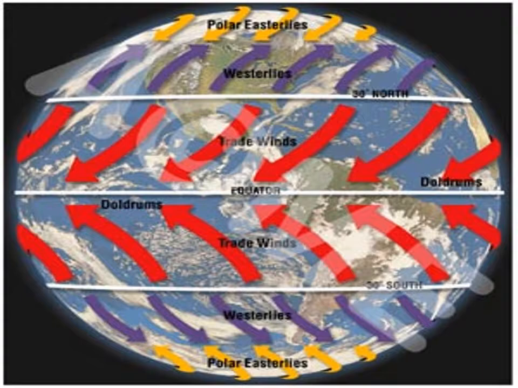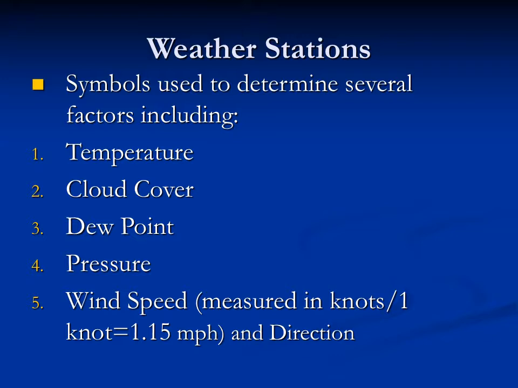The polar easterlies, which are the yellow arrows up at the top, come from the north, from the pole, and they blow from the east towards the west direction. And then it's opposite in the southern hemisphere. So same color arrows, same types of winds, just opposite directions.